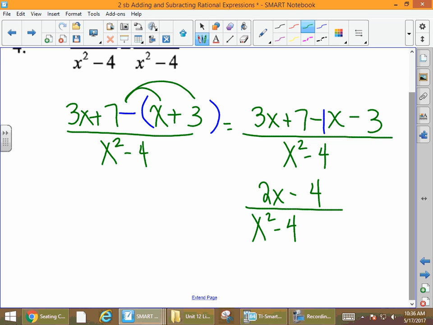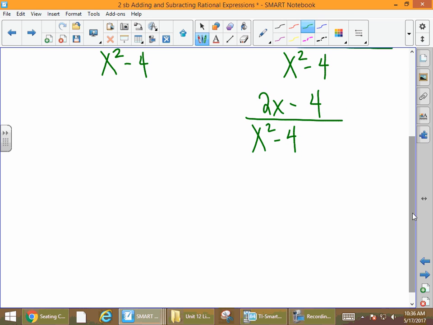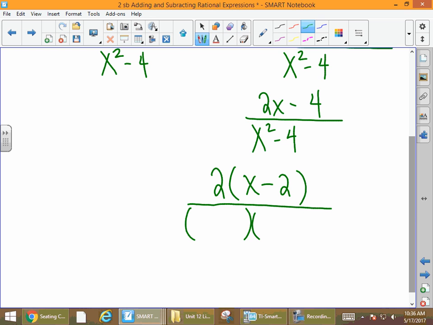Once again, the question is, are we finished? Or in other words, can we factor anything now? And we can factor. We can factor out a GCF of 2 in the numerator. And in the denominator, it's going to be the difference between two squares, different signs.